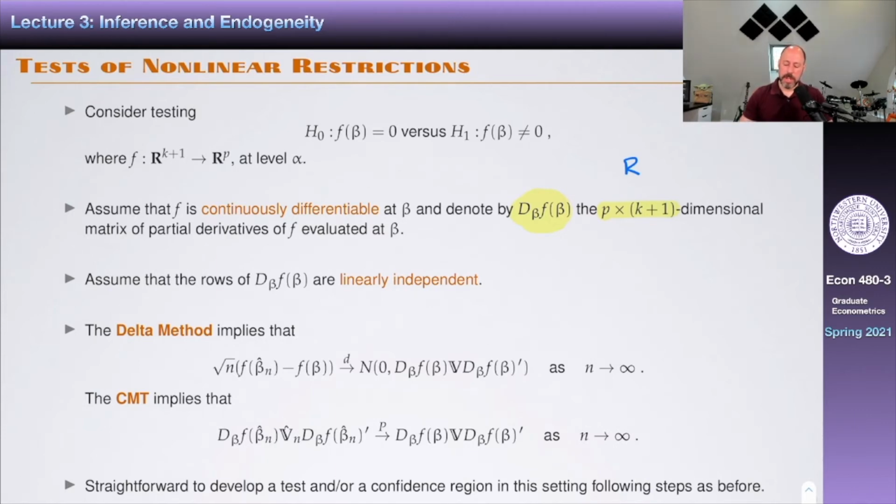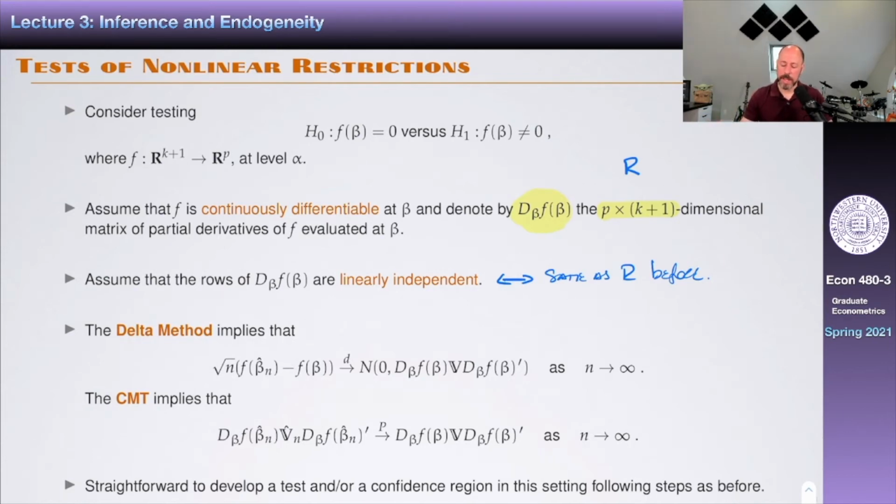So we're going to assume that the rows of this are linearly independent. This is the same as R before, because when the function is linear, f of beta is R prime beta, and the derivative is R. So I'm just making the connection that these assumptions mimic the same assumptions that we had before with R, where R was the derivative.